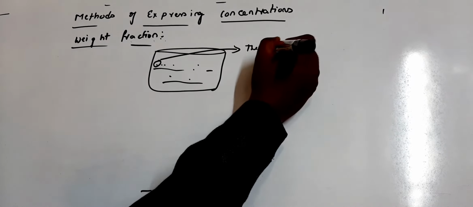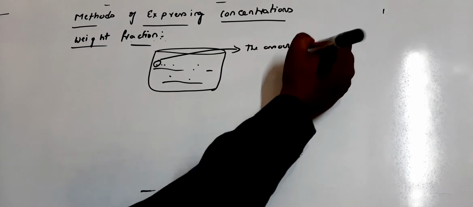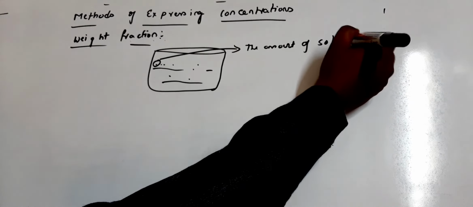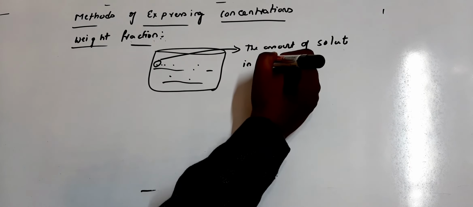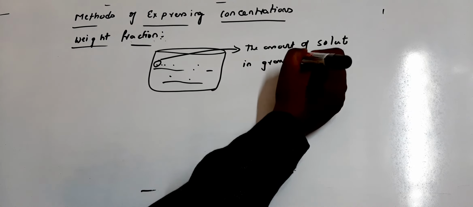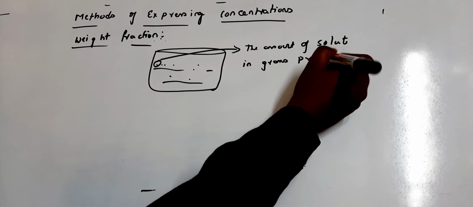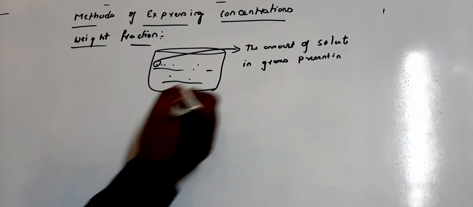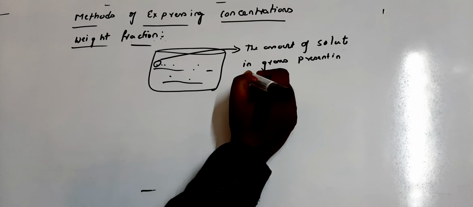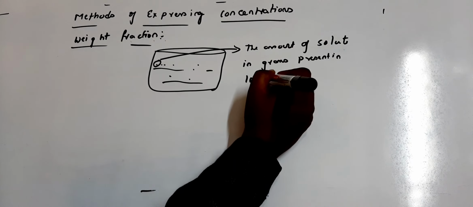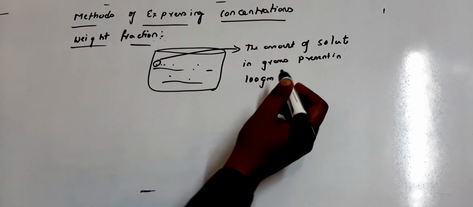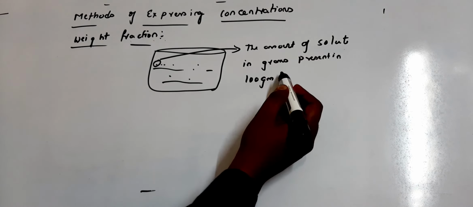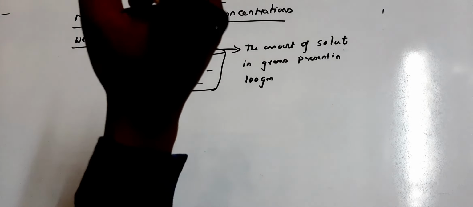The amount of solute in grams present in 100 grams of the total weight of the solution. What is the weight of solute in grams present in 100 grams of the solution?